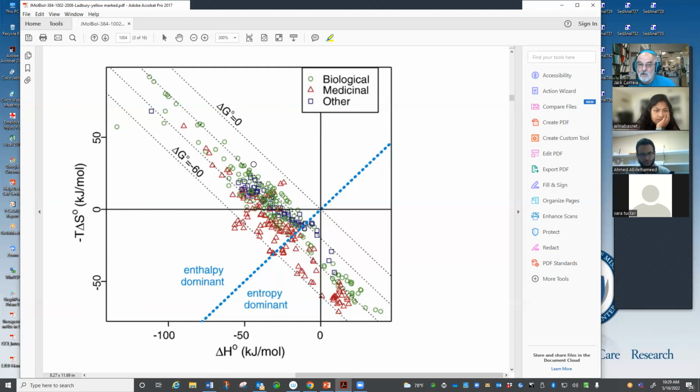And so we've already talked about that in terms of the delta G is equal to delta H minus T delta S. If those two values are offsetting, you'll end up with a tighter delta G than you will the delta H delta S. So there's a wide range of possibilities, and these natural compounds take full advantage of it. All right.